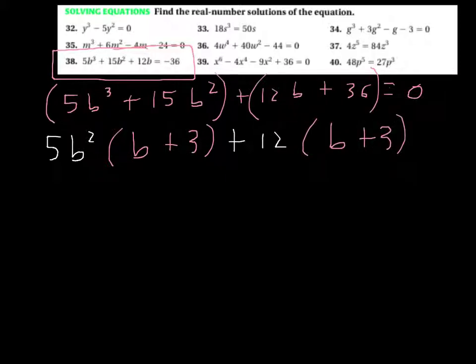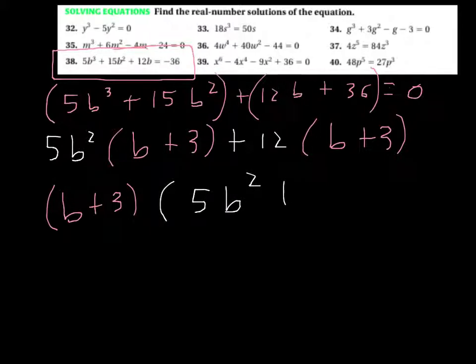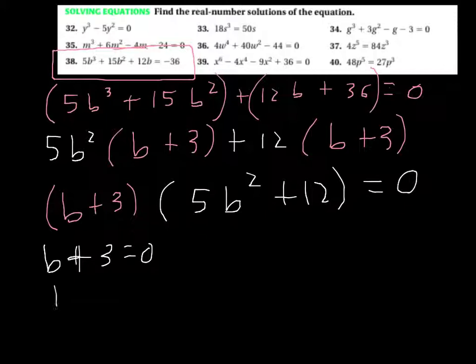Now I have my two sets of terms, and I'm going to factor out the b plus 3, leaving me with 5b squared plus 12, all equaling 0. I'm going to take my two sets of terms, set them equal to 0 and solve. Leaves me with b plus 3 equals 0, so b equals negative 3.